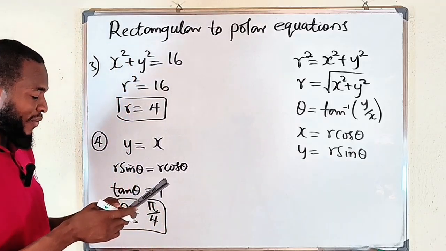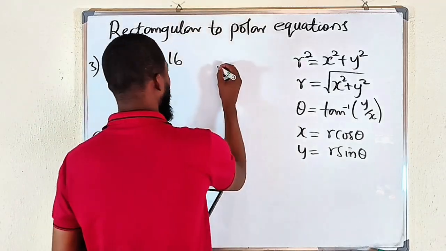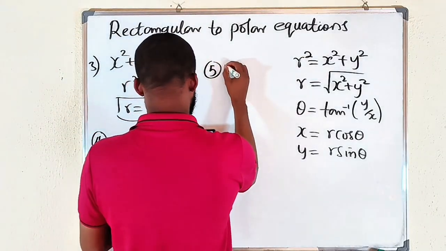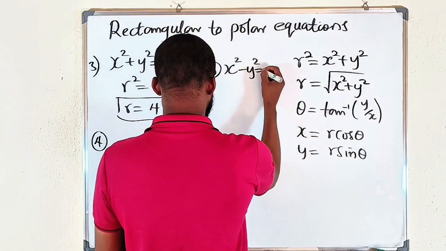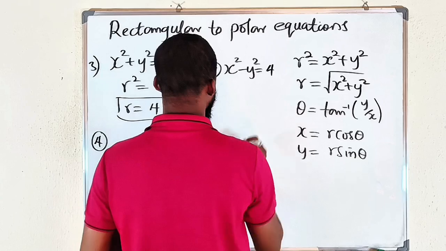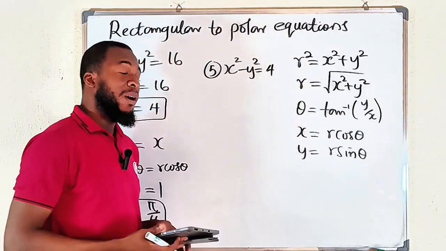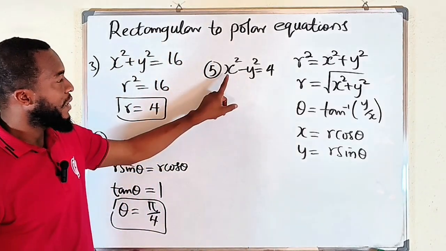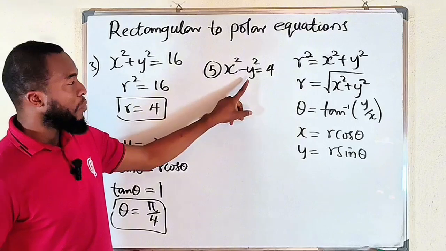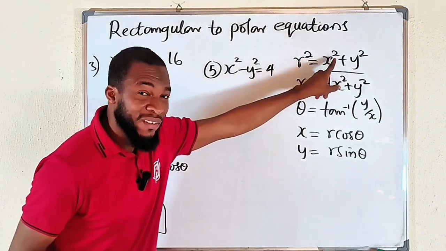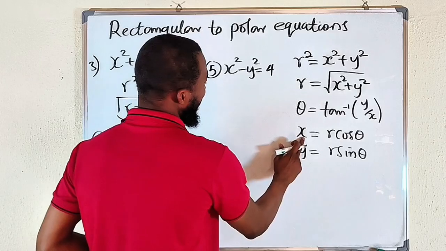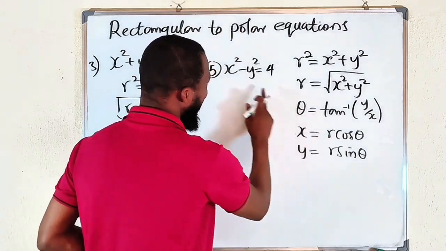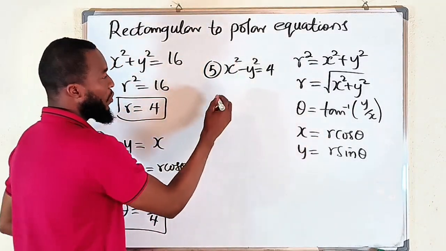We have number 5, where we have x squared minus y squared equal to 4. You have to be very careful because x squared minus y squared is not the same thing as x squared plus y squared. But we know that x is what? R cos theta. But because of this power of 2, we can square that.